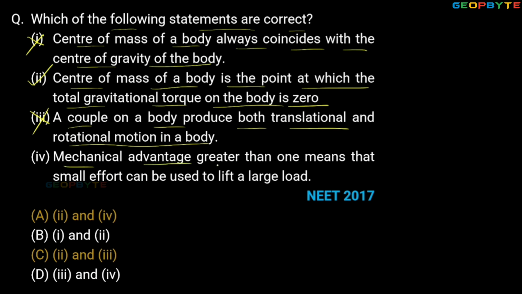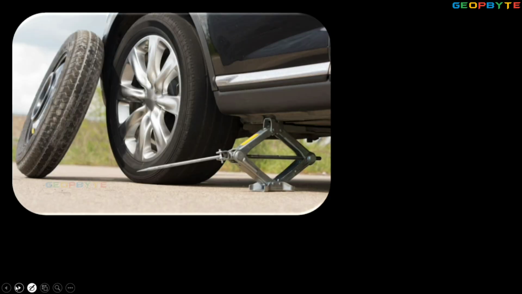Mechanical advantage greater than one means that a small effort can be used to lift a large load. Absolutely correct. Look at the screw jack. It is for lifting a large weight like a car by means of a small force.